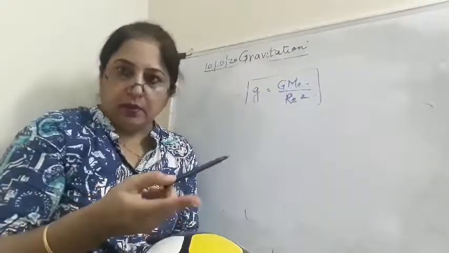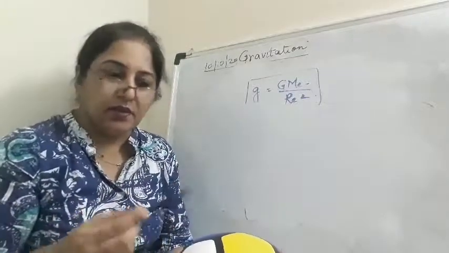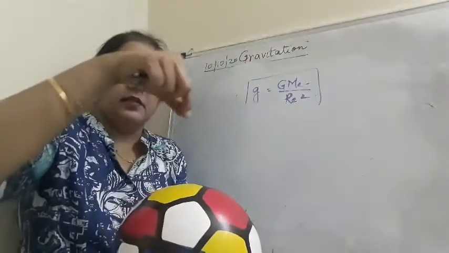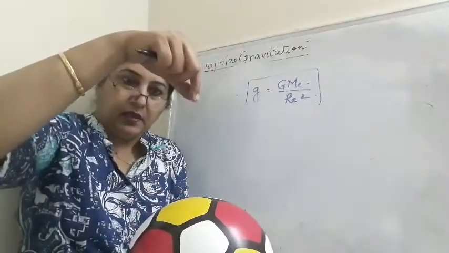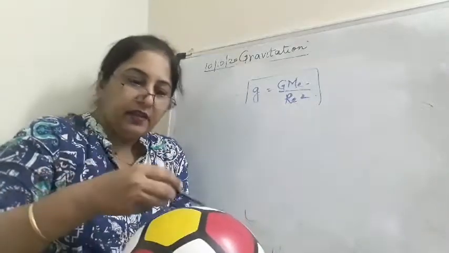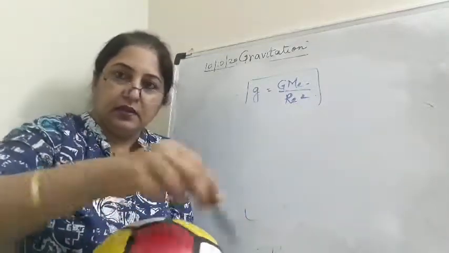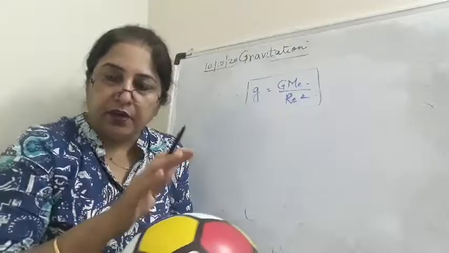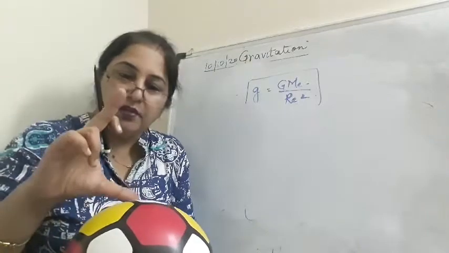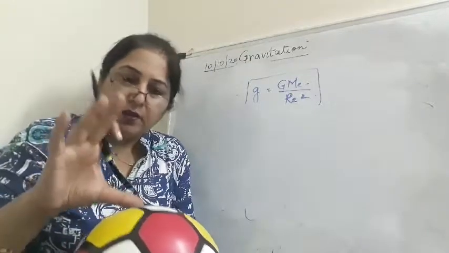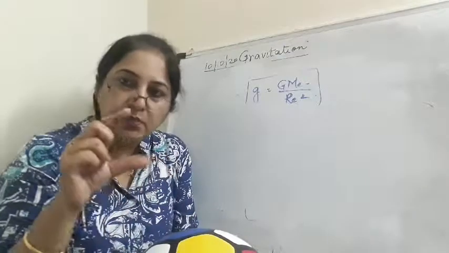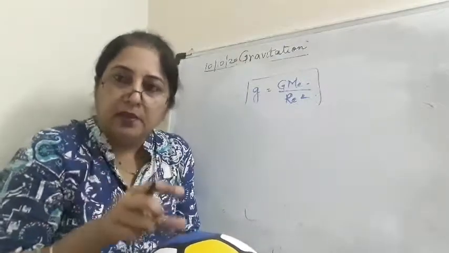So once more I want to clear that concept, that suppose the object is falling from this height. Now this height, if you compare it with the radius of this earth, it is a very extremely small distance, or a very negligible distance.